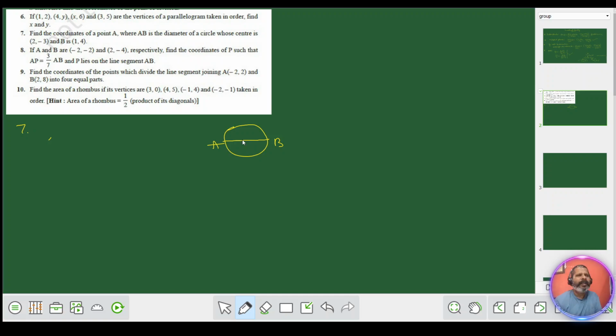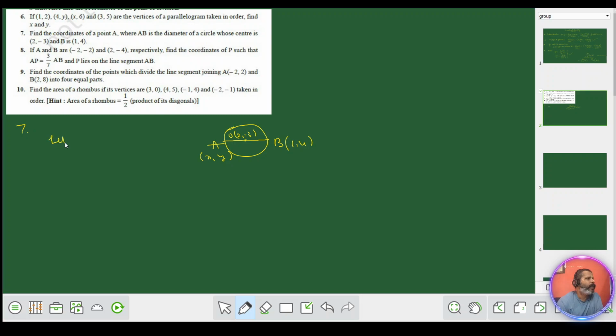Remember, these are all application based problems. We have the formulas and we apply the formulas here. (2, -3) is O. B's coordinates are given as (1, 4). A is (x, y), which they ask.